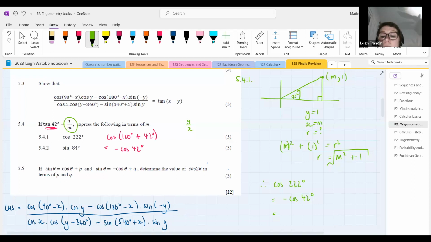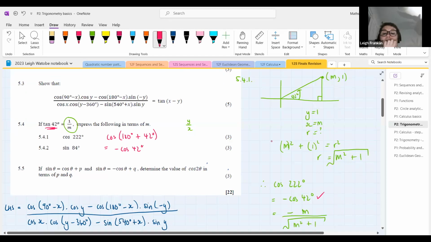So that would be negative m over root m squared plus 1. Is everybody happy with that? So a mark on the minus cos 42, a mark on the answer, and then on using our identity. Okay.